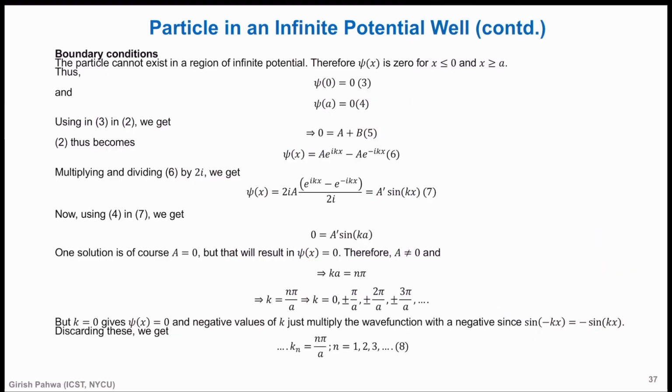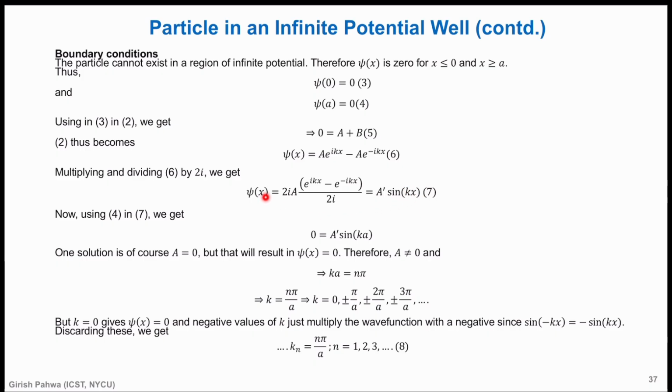What do I have then? So k is equal to n pi by a, because it's a function of n. I have written k as kn, index n, and n can vary from 1, 2, 3, 4, and so on. Also 0 is not allowed, because if I put k equal to 0, my wave function, which is A dash into sine kx, gives me psi equal to 0.